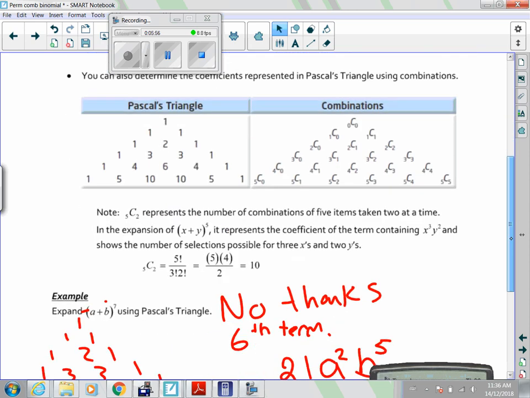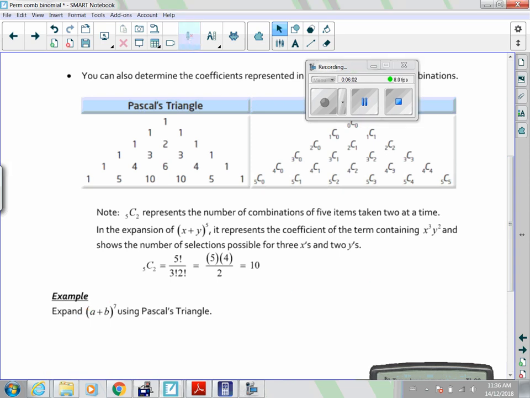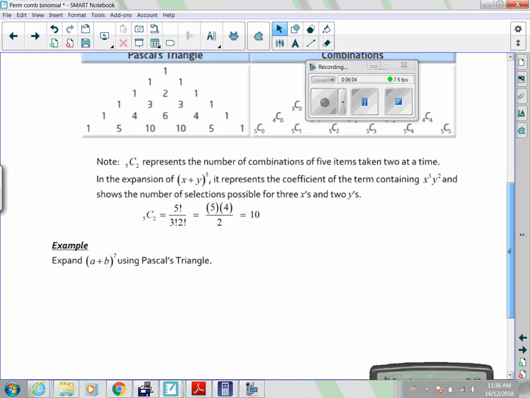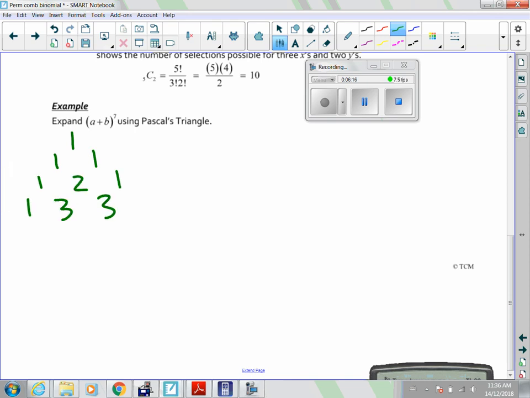So going back to here, let me just erase this. If I was going to expand (a plus b) to the 7th using Pascal's triangle, the very first thing I'm going to do is go through the entire triangle: 1, 1, 1, 1, 2, 1, 1, 3, 3, 1.